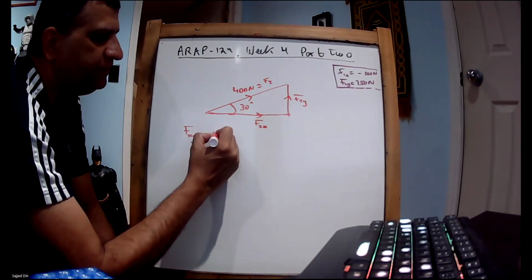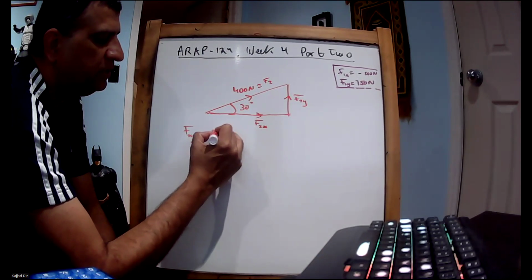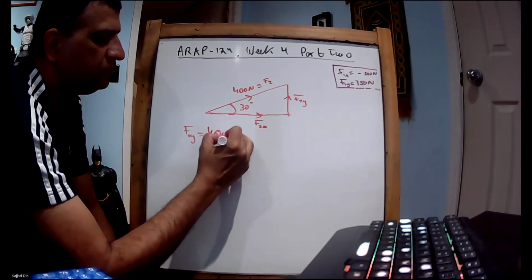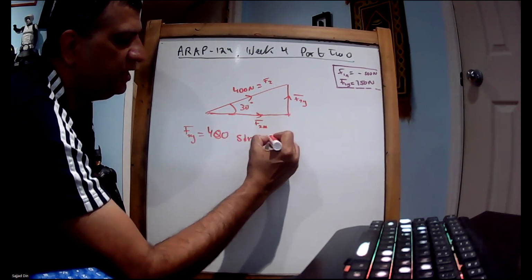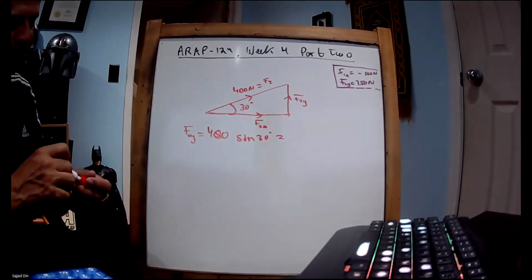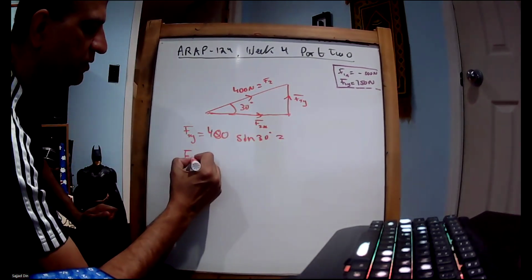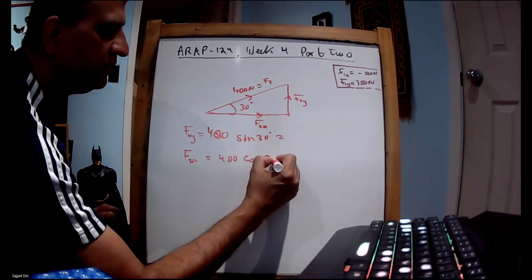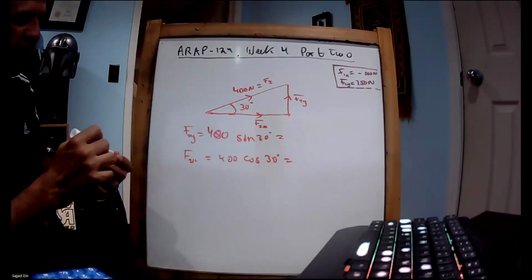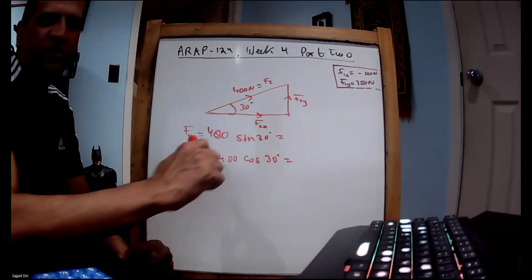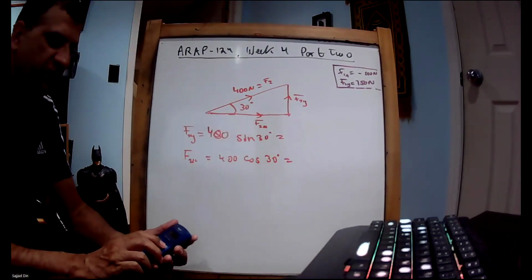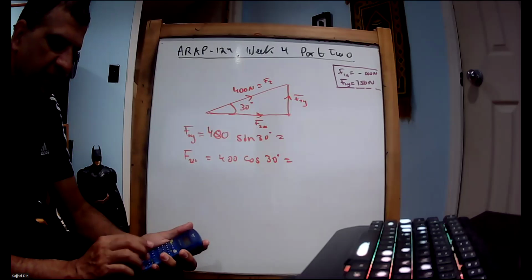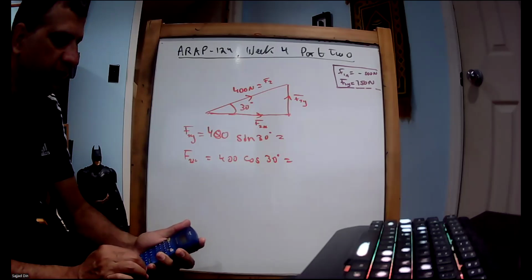So F2y is equal to 400 times sine 30, and F2x is equal to 400 cosine 30. Make sure that you are careful about how you use sine and cosine. That's another source of error for students if they use it incorrectly.